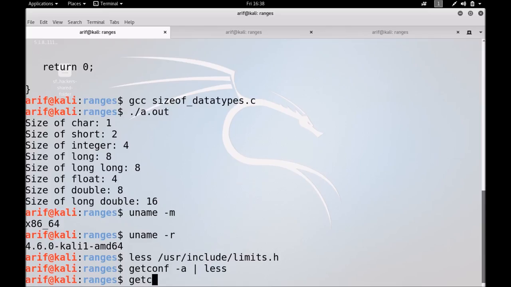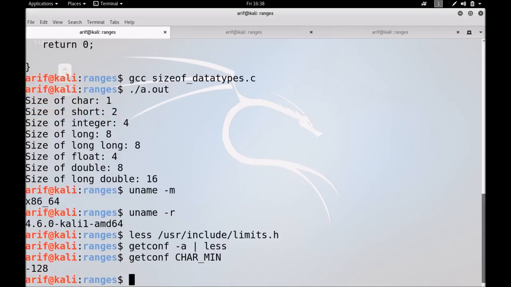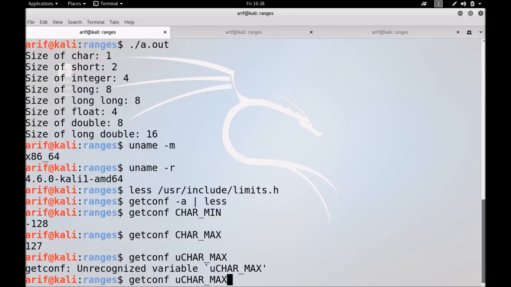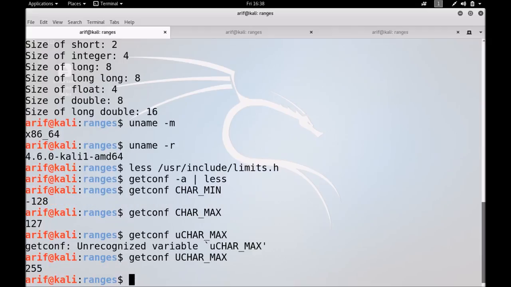You can use getconf and pass it arguments like CHAR_MIN. This is the minimum value of a signed character. getconf CHAR_MAX is 127. And similarly, if you want to go for the unsigned, you can use this. Let me put a capital U over here, 255. Since the character data type is of 8 bits, the maximum unsigned value is 255.